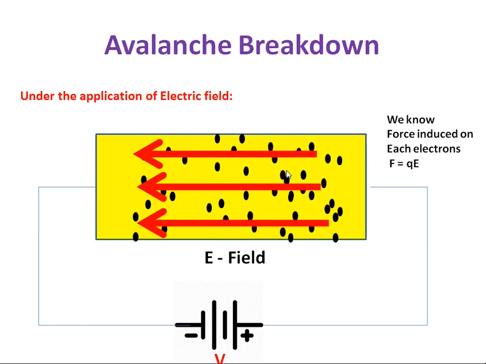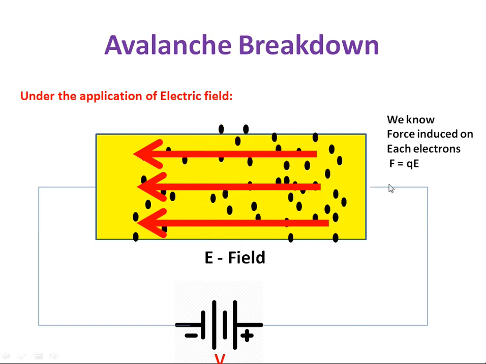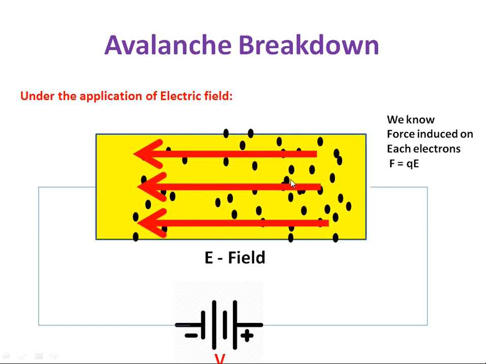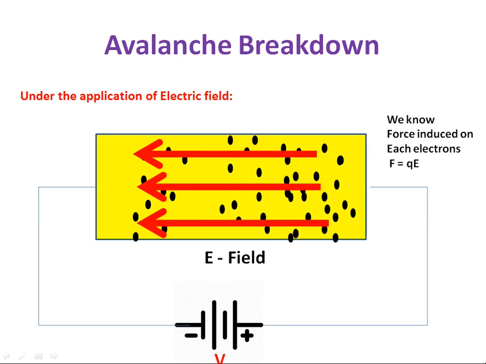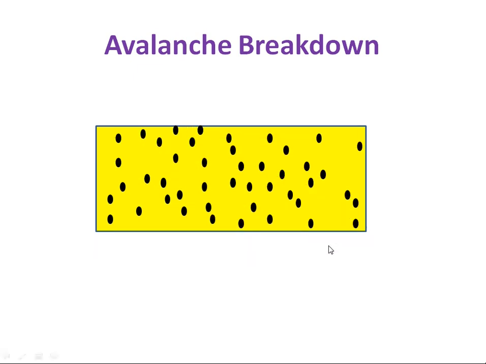The electron is a negatively charged particle. So assume the electron charge is Q. These electrons are placed in the electric field, so there will be a force induced on each electron. This force is given by F equal to Q into E. So an electrostatic force or electric force acts on individual electrons.